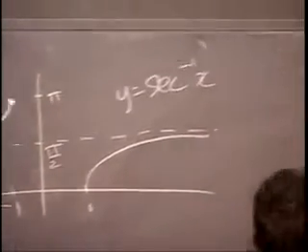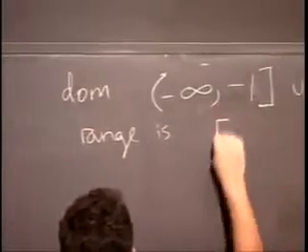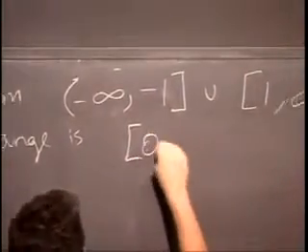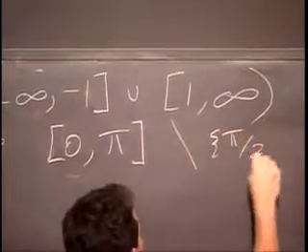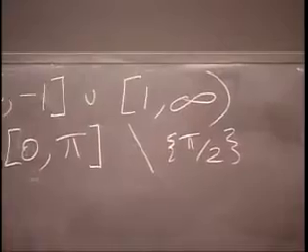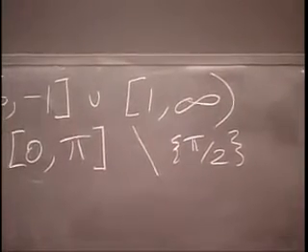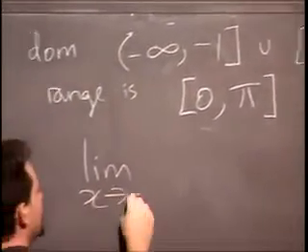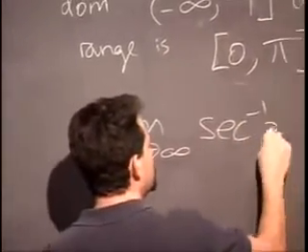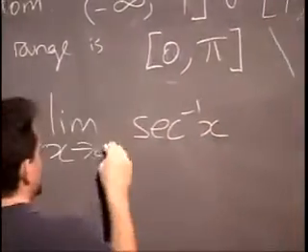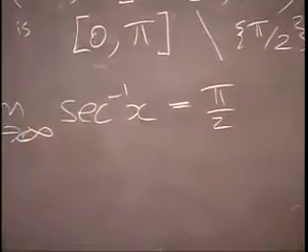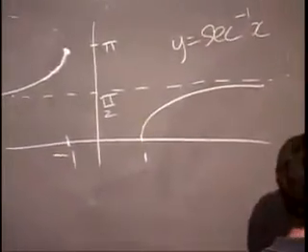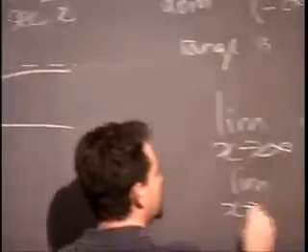The range is everything from 0 to pi, except not pi over 2. That actually omits. And we have a limit that I have actually never seen written down in a single Princeton exam, for what that's worth. As you go up, you approach pi over 2, and actually the negative one is the same.